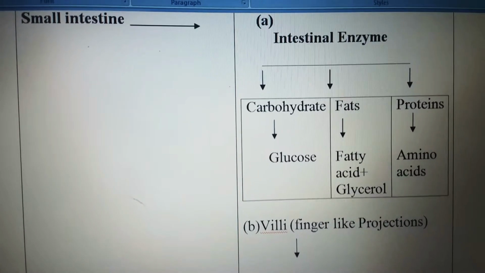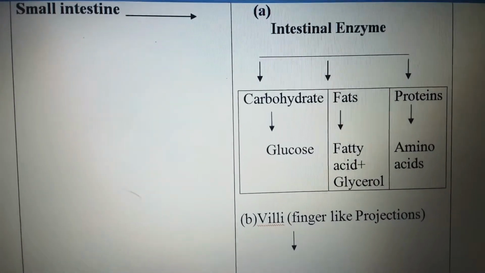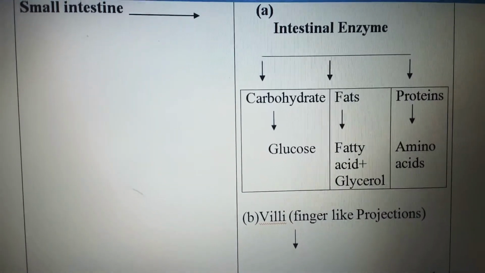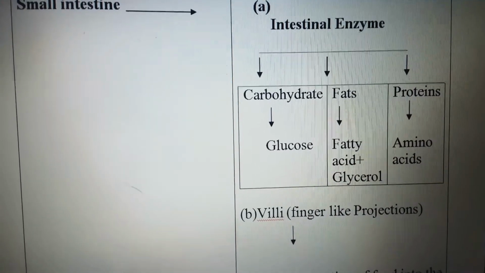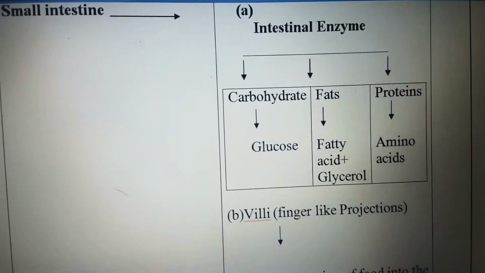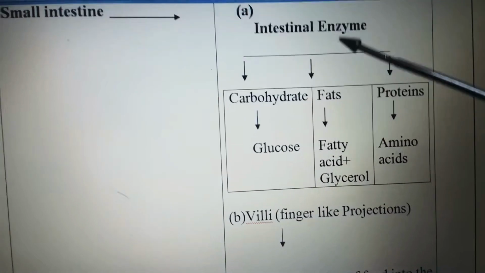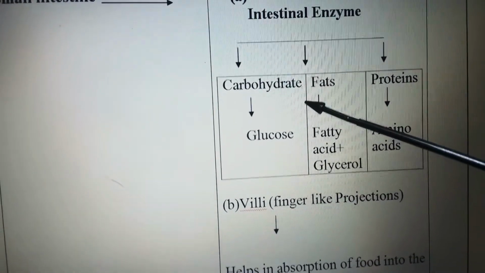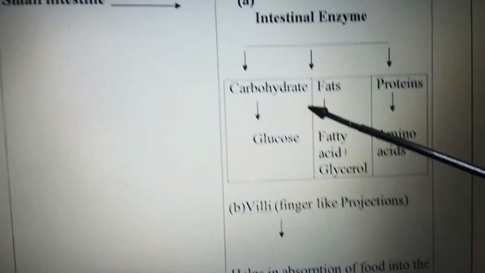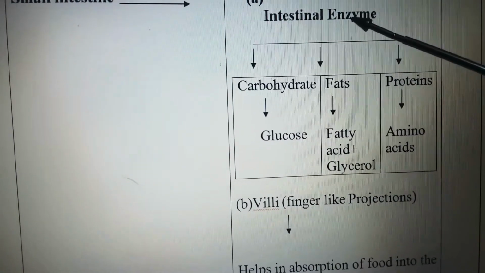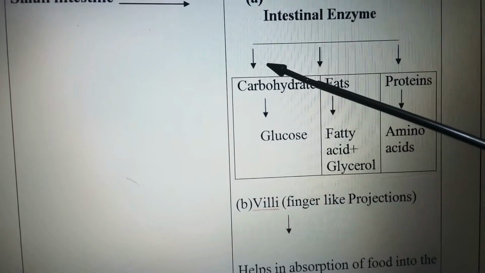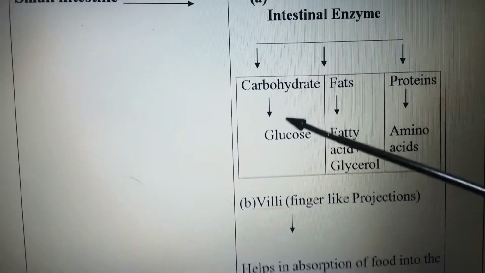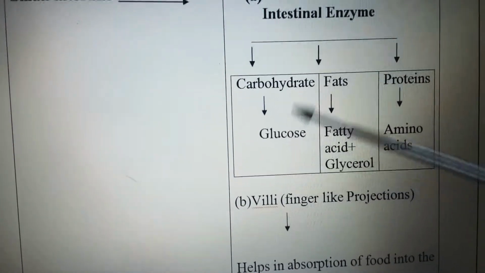After the stomach, food is going to move to the small intestine for the process of absorption, where the enzymes from the intestine, known as intestinal enzymes, are going to act upon the food according to their preferability. So the intestinal enzymes act on carbohydrates to produce glucose.